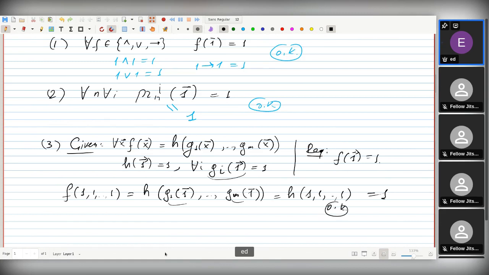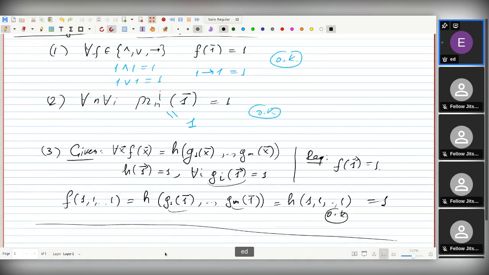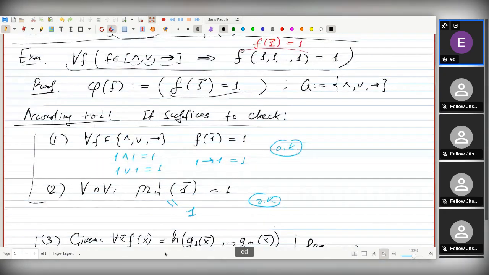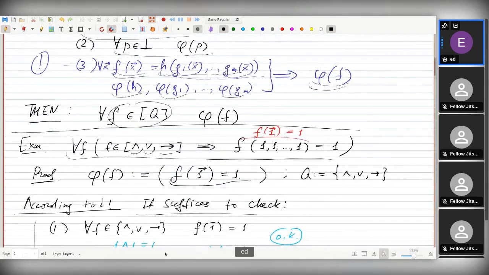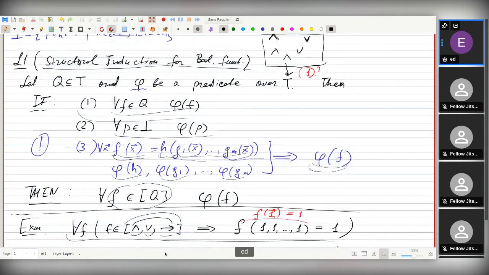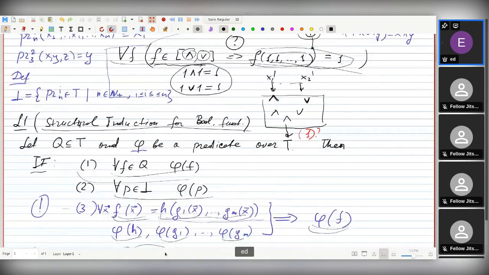And the last point is okay. We have so far verified the base of our induction and the step. Hence, we may propagate this property phi from our initial functions to every function which is computable via a circuit built from these ones. Is this idea clear?